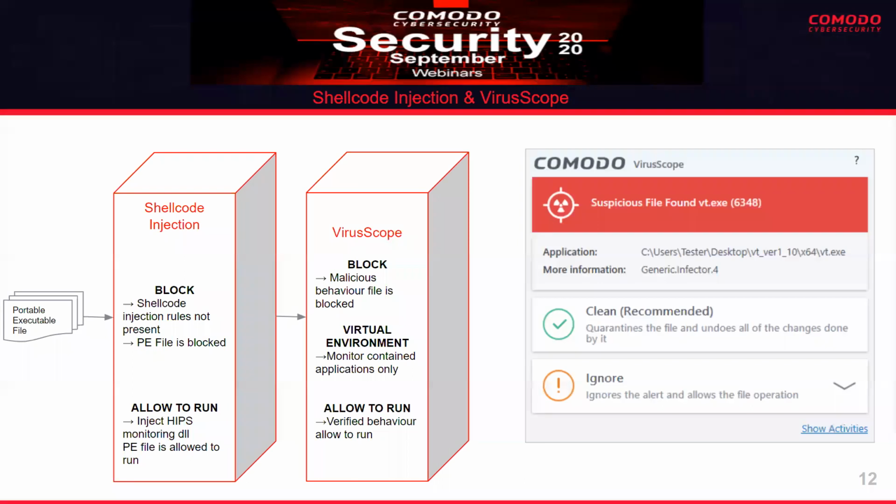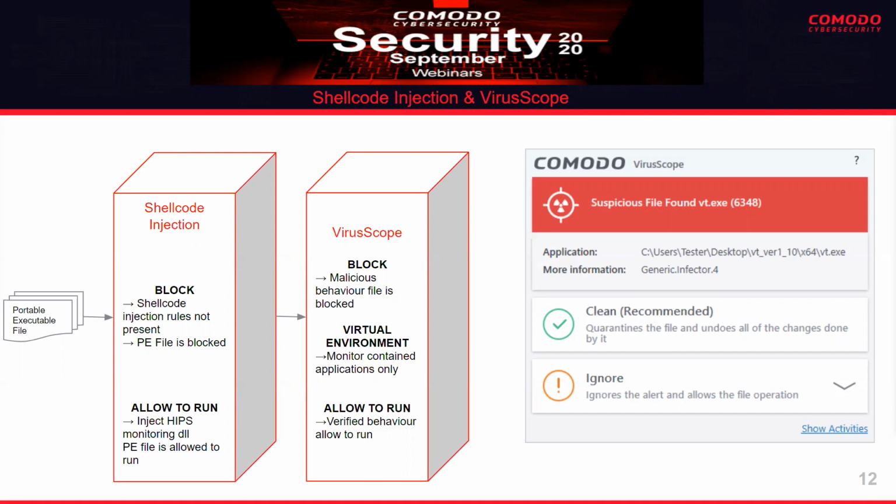Viruscope monitors all the activities of processes running on your computer and alerts you if they have actions that could threaten your privacy or security. Viruscope allows you to reverse the actions of software without blocking the software itself.